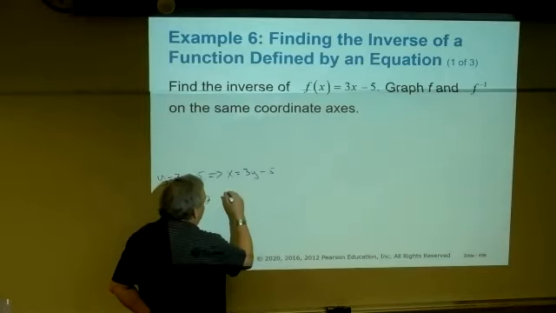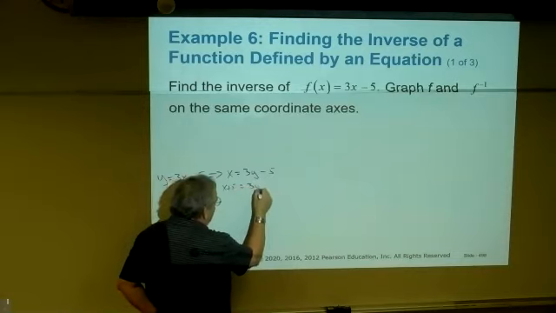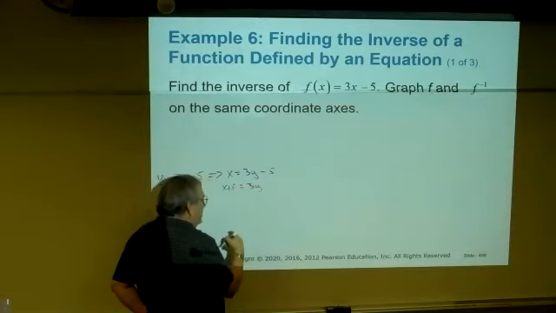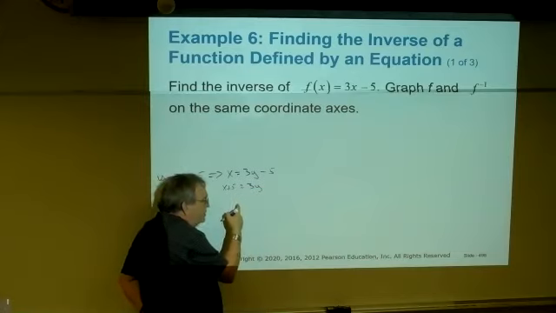So we add 5 to both sides, so that gives us x plus 5 equals 3y. There's two ways of looking at this. One way is to divide by 3, and we get x plus 5 divided by 3 equals y. So now we have the explicit form of the equation, and this is our f inverse.